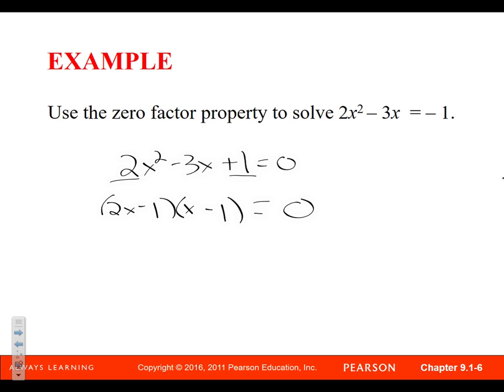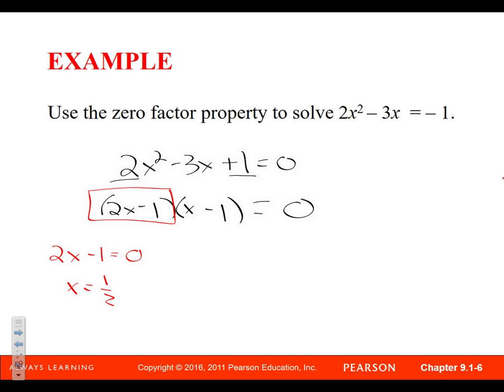So again, two numbers, right? Something and something else. So the question is, what's the value of x if this is true? Well, in order for that to be true, that means that either this number has to be 0 or the other number has to be 0. So what we can do is we take 2x minus 1 and ask the question, when does 2x minus 1 equal 0? Well, that happens when x is 1/2.